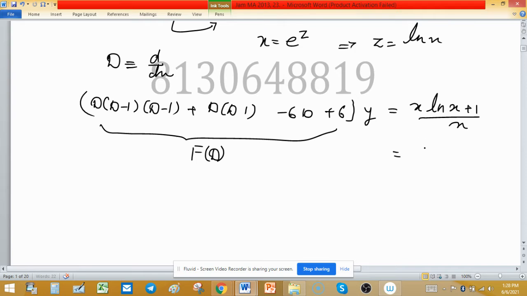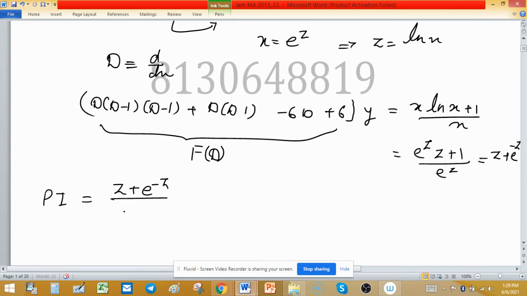So right hand side can be written as x equal to e raised to the power z, ln x is z, plus 1 divided by e raised to the power z, and this one can be written as z plus e raised to the power minus z. So this is the new right hand side. So particular integral will be right hand side as z plus e raised to the power minus z divided by f(D).